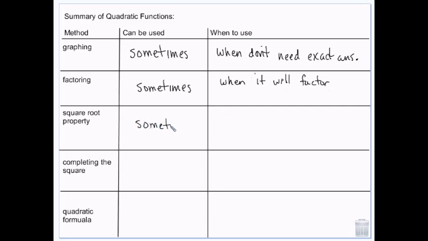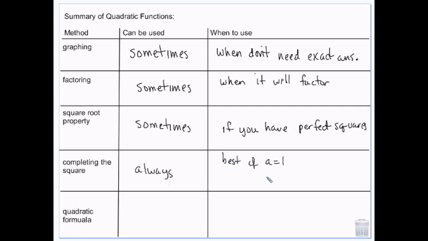Square root property, sometimes, if you have a perfect square. Completing the square can be always, but it's best if a is 1 and b is even. And the quadratic formula is always, and when you can use it, anytime you want.